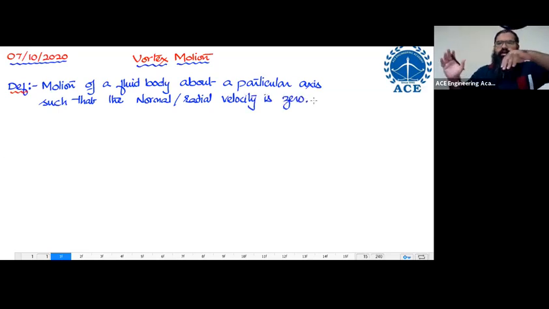So basically, if the entire fluid body is rotating, it won't have a radial velocity, it will only have a tangential velocity over here. Such a motion is known as your vortex motion.